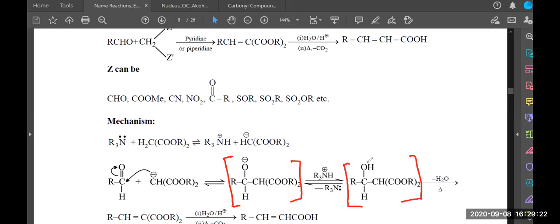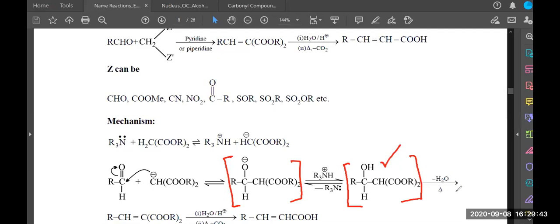So H plus will be given, and we will get this. Anyone have any issue till this step? No? Because obviously this reagent is your catalyst now. This is just your catalyst.